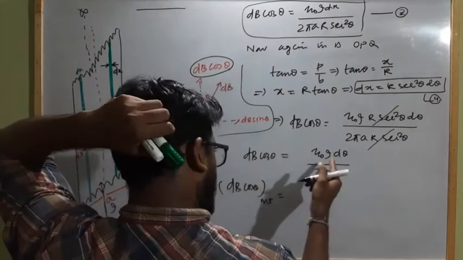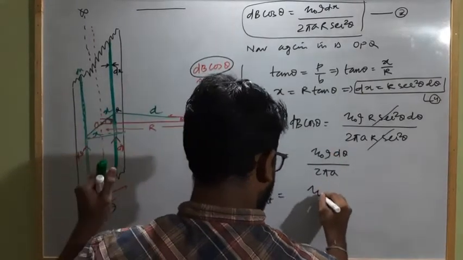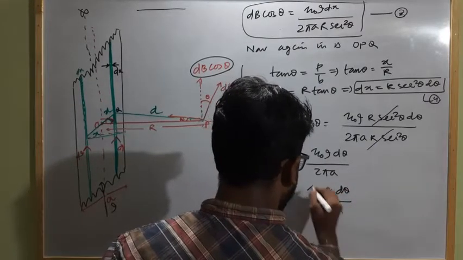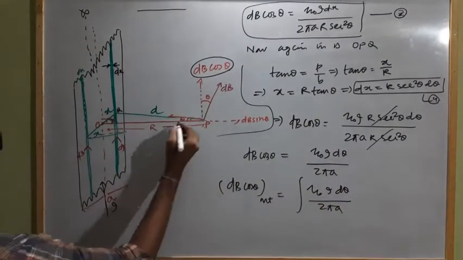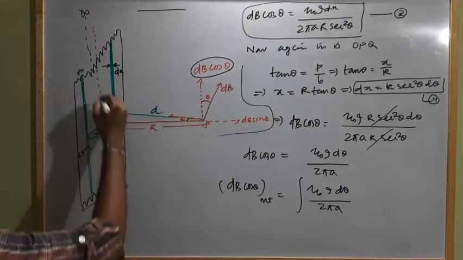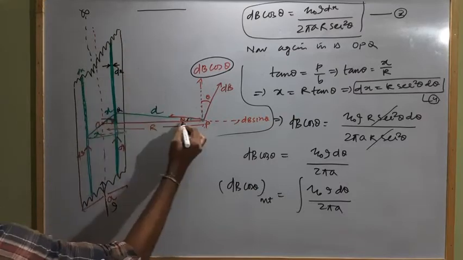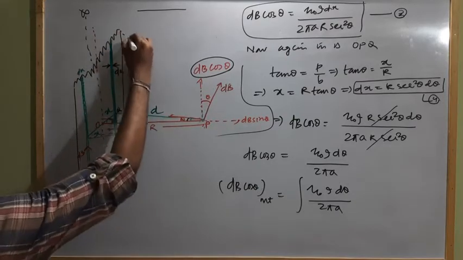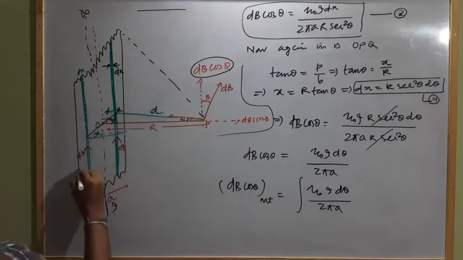Now integrating this, integration of mu naught I d theta divided by 2 pi a, integration of d theta. This angle is now varying, and this angle will vary from what? If this is theta at this portion, this theta will vary from this end to this end.